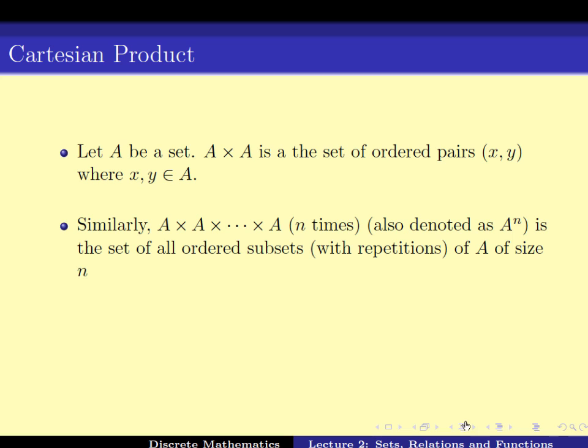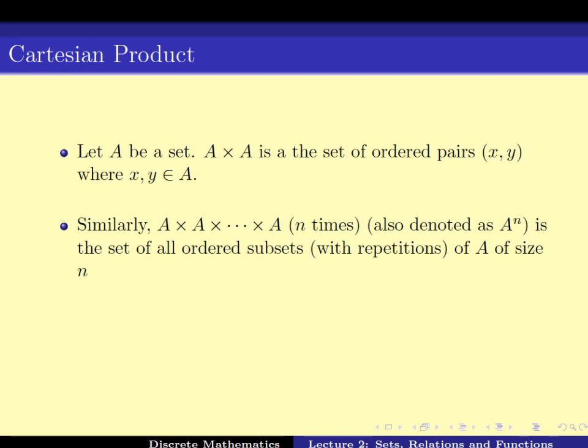When you have to take the Cartesian product of A a number of times, say n times, we sometimes denote it as A power n. So in the above example, A Cartesian A can be written as A square. Similarly, if I take the Cartesian product of A n times, I get A power n.